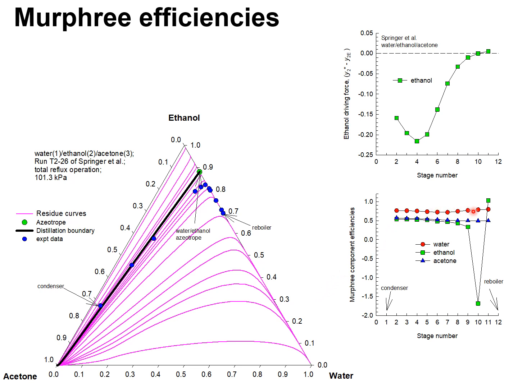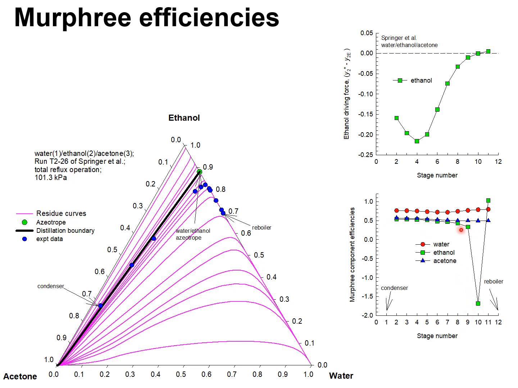The component Murphree efficiencies are plotted here for various stages in the 12-stage column, condenser being stage 1 and reboiler being stage 12. The red circles are for water, the blue triangles are for acetone, and the green squares are for ethanol.